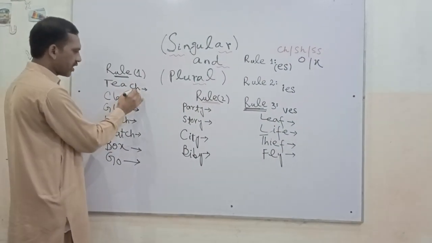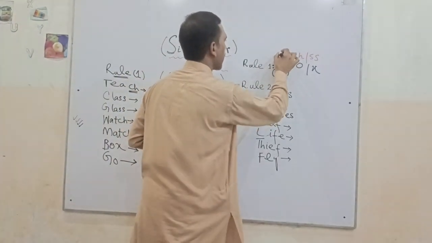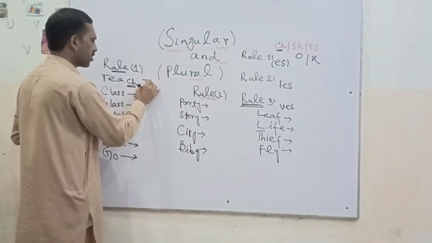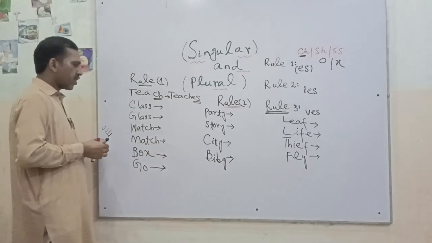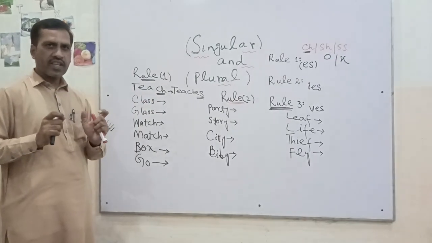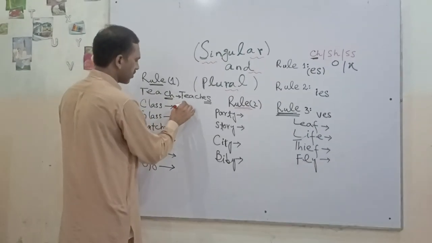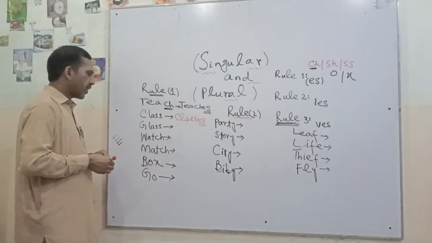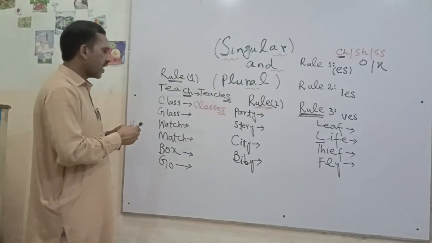At the end of teach, ch is at the end, so we add es to make plural teaches, as well as the word class. Here double s is at the end, so we add es to make plural classes, as well as glass. The plural form of glass is glasses.